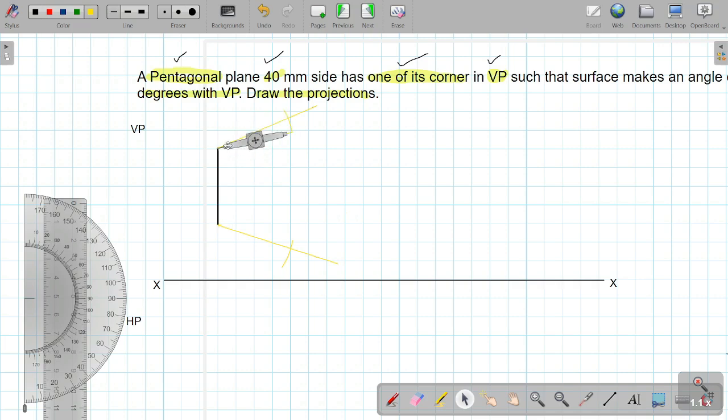Now maintaining the same measurement, we have to keep the compass here and cut an arc this side. And similarly, keeping the compass at this particular location and cutting the arc.